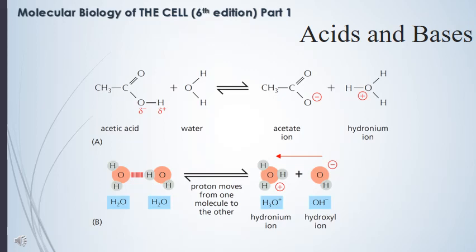The image B on this slide shows how a molecule of water and hydroxyl and hydronium ions are in equilibrium. Now, in pure water, there is always a concentration of hydronium and hydroxyl ions. And the hydronium ions are in equilibrium at 10 to the minus 7 molar.